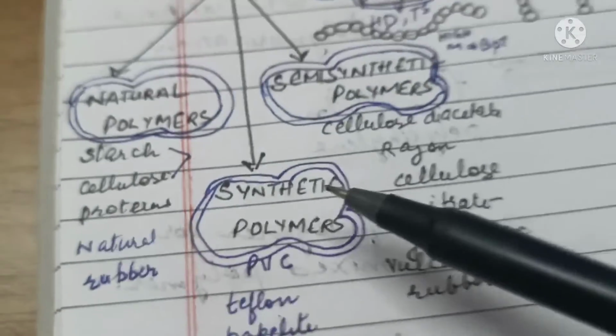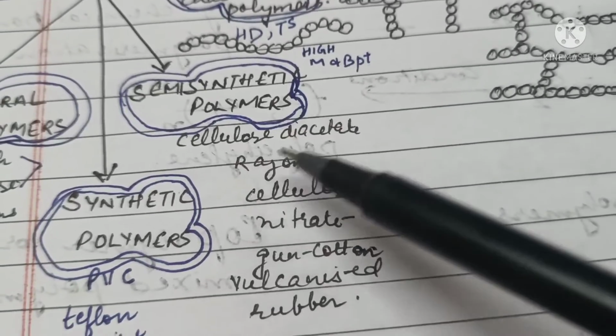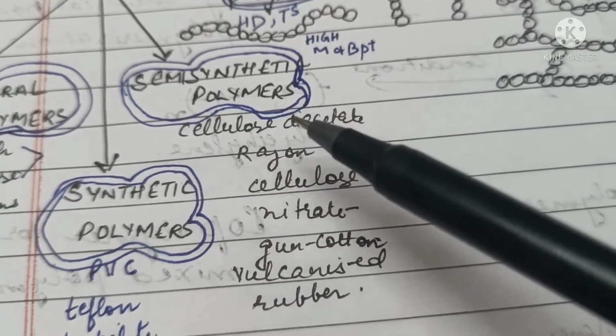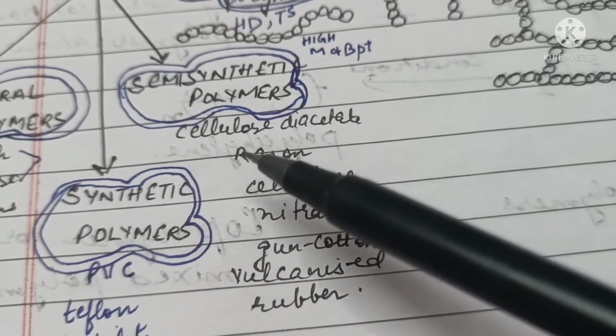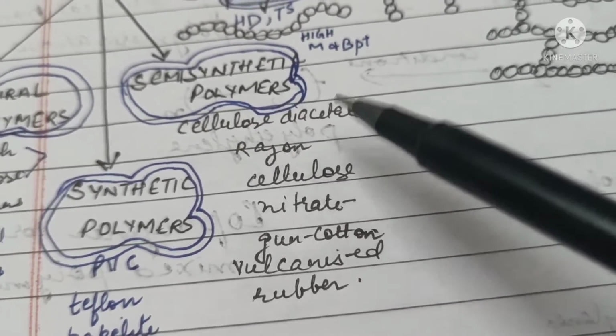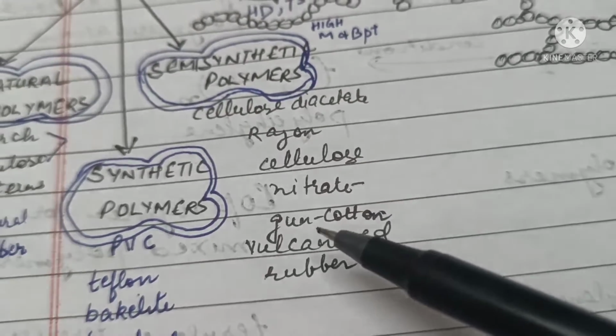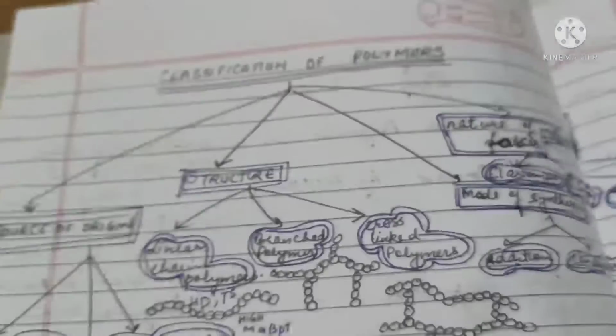These are man-made polymers. Semi-synthetic polymers consist of natural raw material, but they are synthesized in factories. For example, cellulose diacetate rayon is a semi-synthetic polymer. Cellulose nitrate, gun cotton, is also a semi-synthetic polymer.